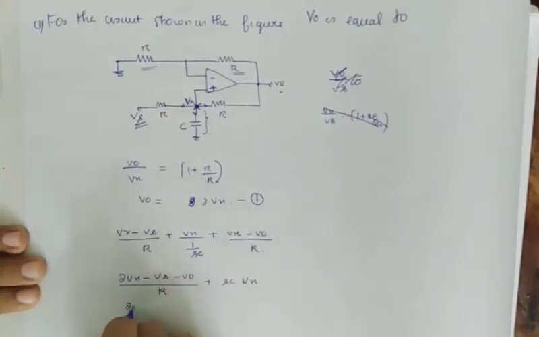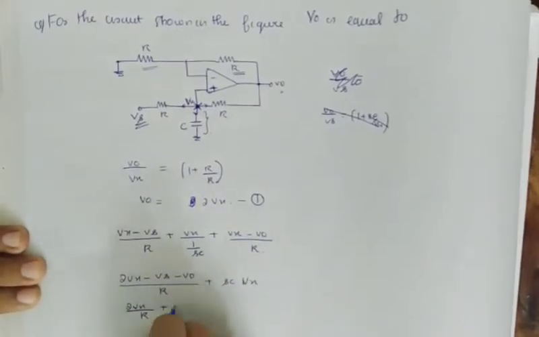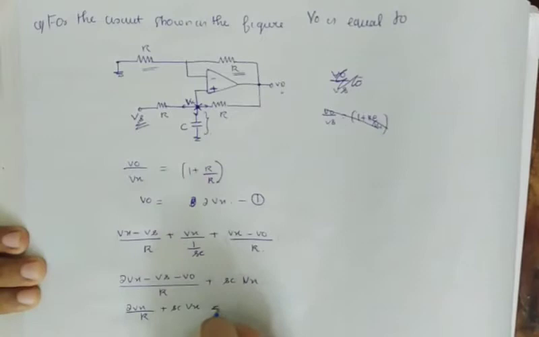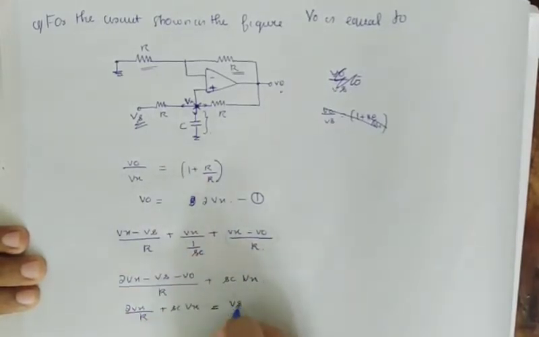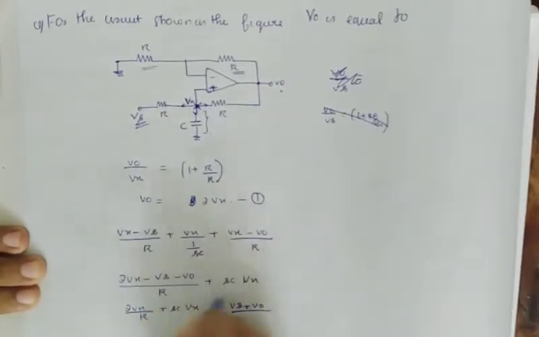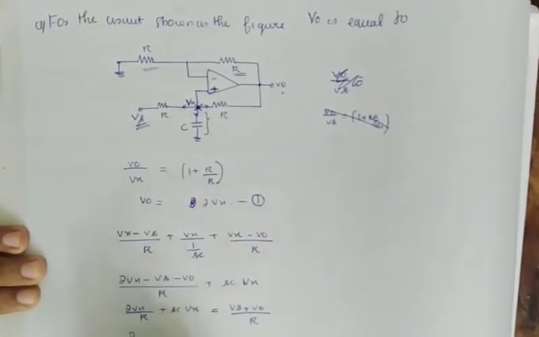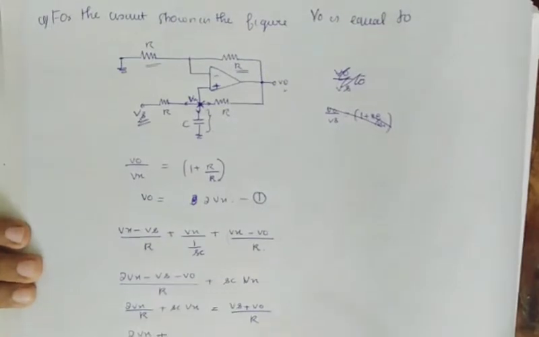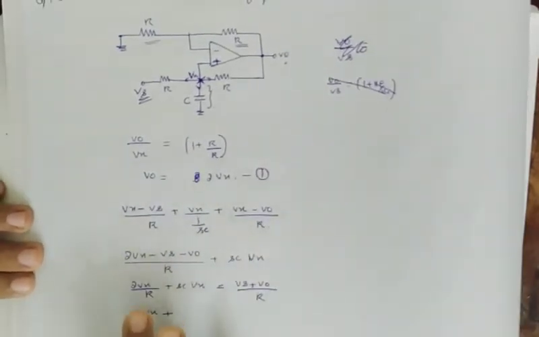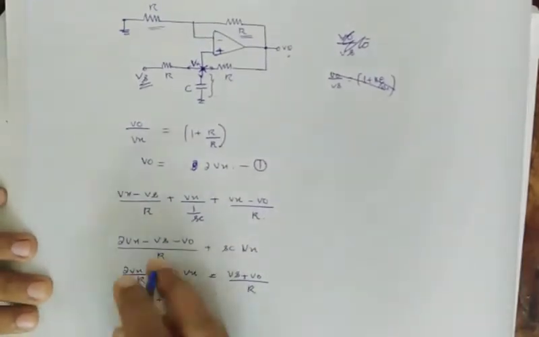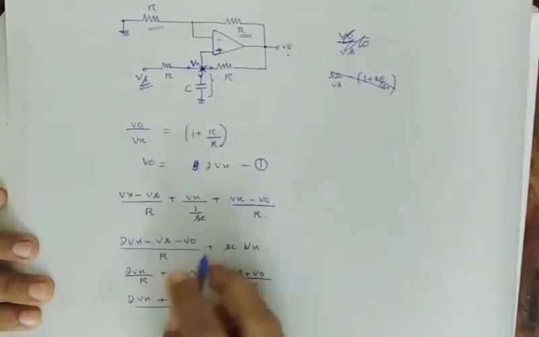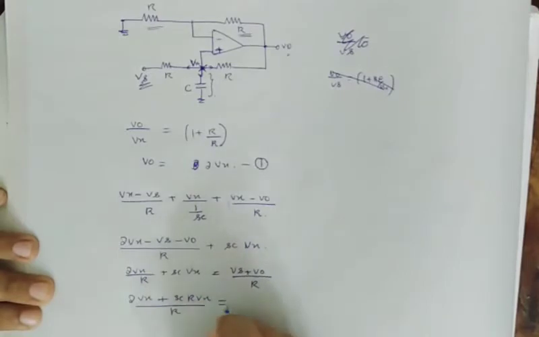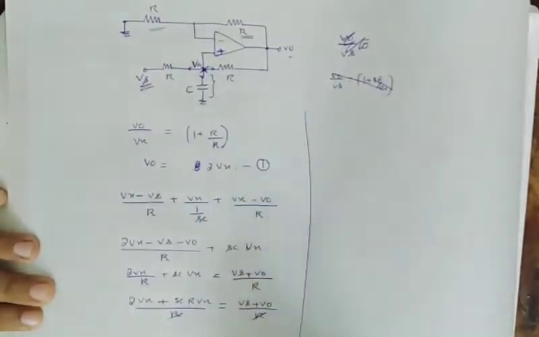Now I will take Vx terms together and all the other terms to the other side. Vs plus V0 divided by R. I am taking the LCM here. 2Vx plus SCR Vx divided by R equal to Vs plus V0 divided by R. R and R cancel out.